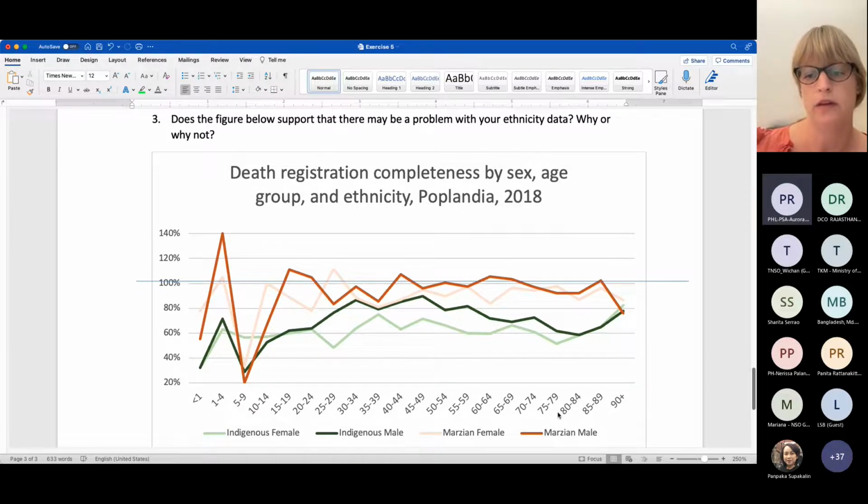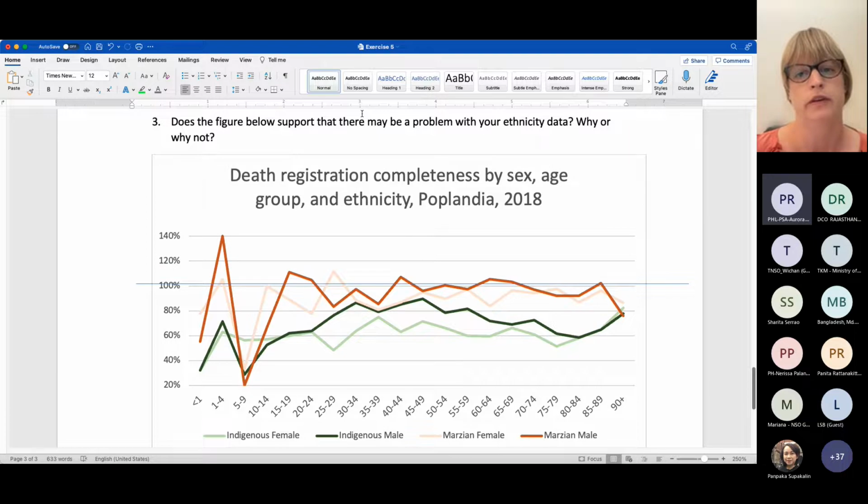And mostly we're seeing this in the Marsian males, but we see this a little bit with the Marsian females too. So this would support the fact that there's probably something going on with the ethnicity data that we need to investigate. So whether there are missing records in the denominator from the Ministry of Health, or perhaps too many records from the civil registry in the numerator, maybe they miscoded people as Marsians when they weren't.